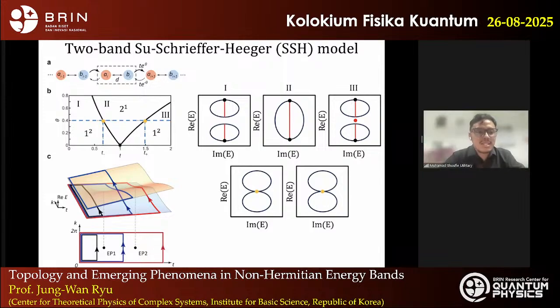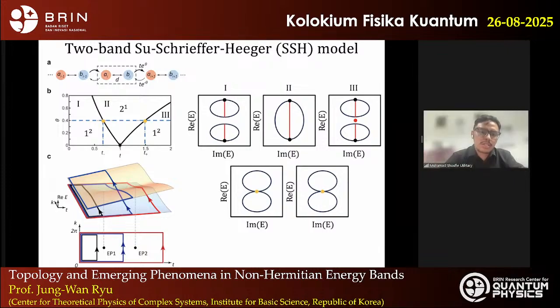And there is a third order exceptional point, where I, J, K coalesce together. But in this case, it's a very special case. We need more symmetry to make the third order exceptional points. And if we add some small perturbation, this third order exceptional point splits into two second order exceptional points. So we can find many second order exceptional points. And if our system has more symmetry, we can find the high order exceptional point.